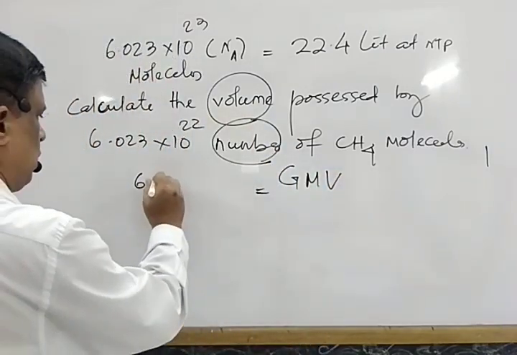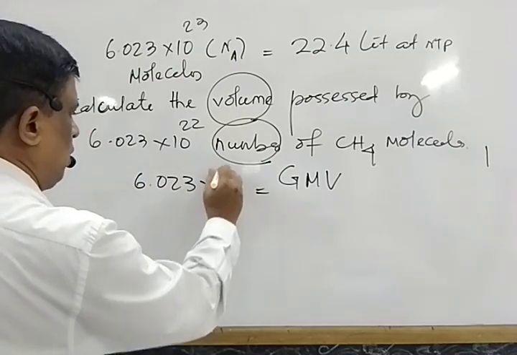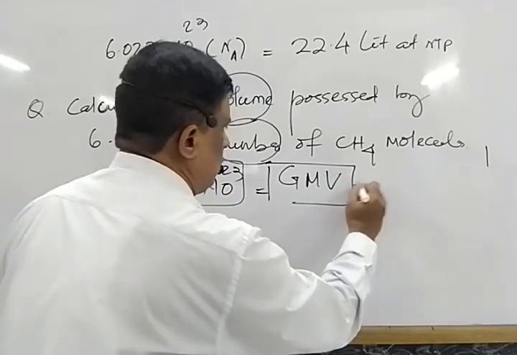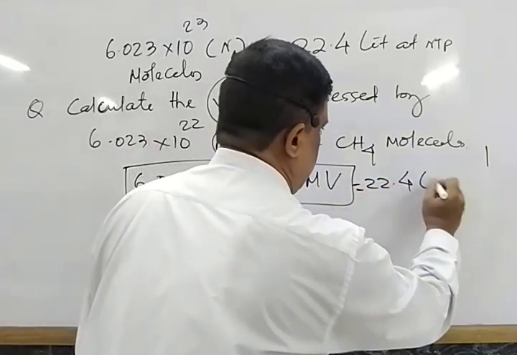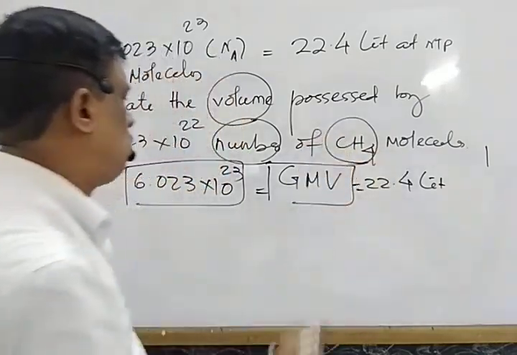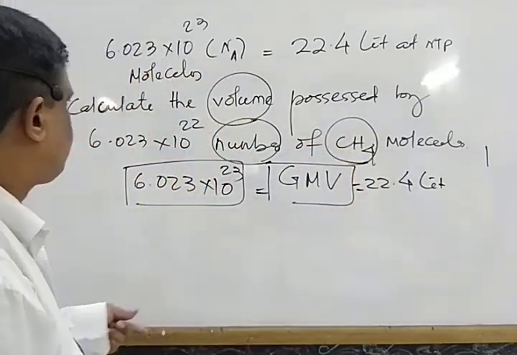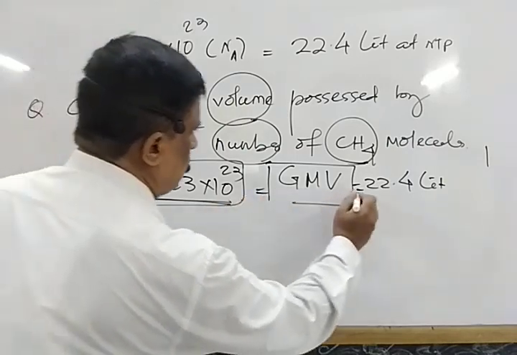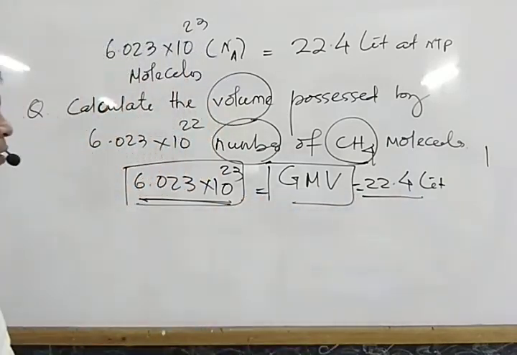Number means 6.023 into 10 to the power 23. So first you frame this relationship, equal to 22.4 liter at NTP. Then focus on which molecule? CH4. That means the Avogadro number of molecules possess 22.4 liter.